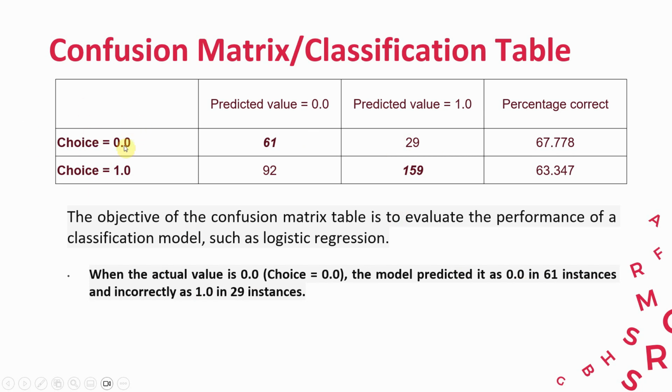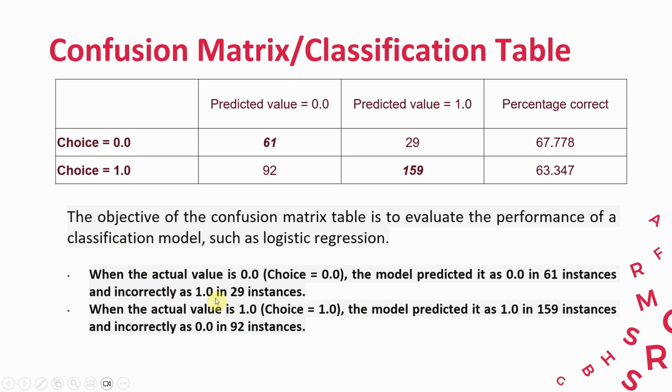So when the observed choice was 0, the model incorrectly predicted it in 29 instances. So the correct percentage was 67.778.